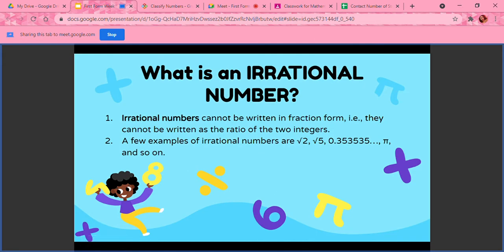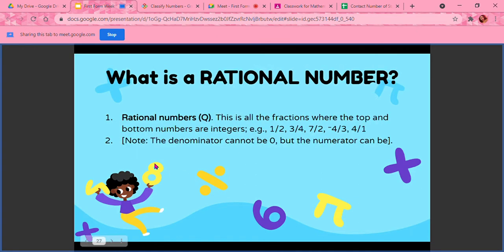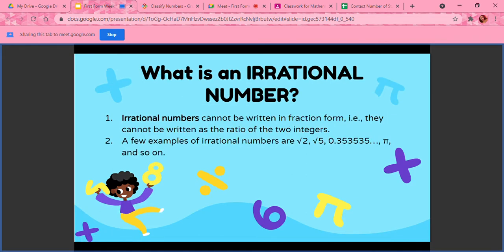Well, an irrational number cannot be written in fraction form. They cannot be written as the ratio of two integers, meaning that if we go back to a rational number, I can write almost anything as a fraction, but there are some exceptions where I cannot.